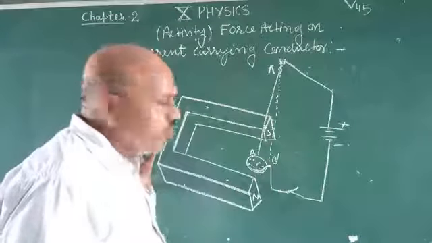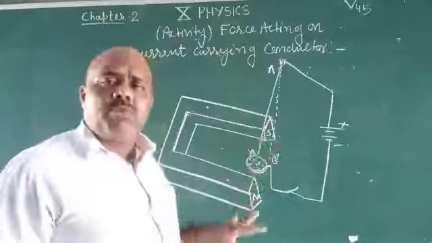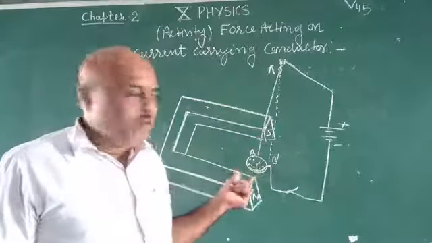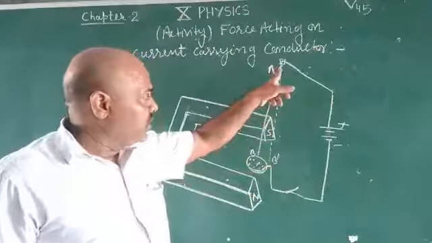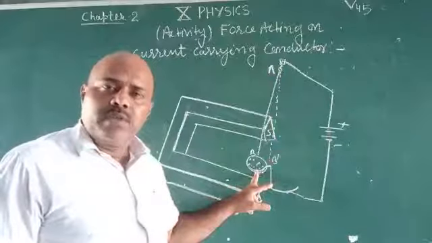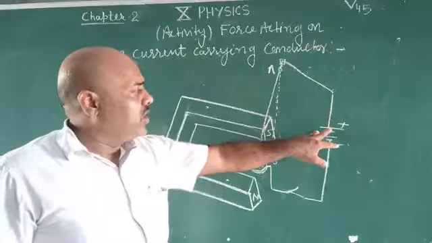and the circuit is completed by the mercury liquid filled in this vessel. The upper part is connected to the positive terminal, and the lower part is connected with the mercury. This is the key, this is the battery, this is the thick copper wire.